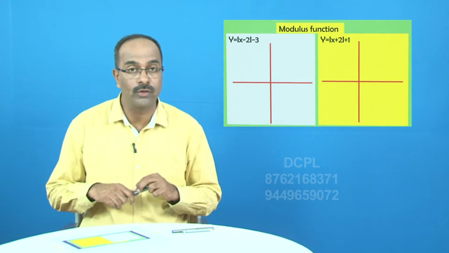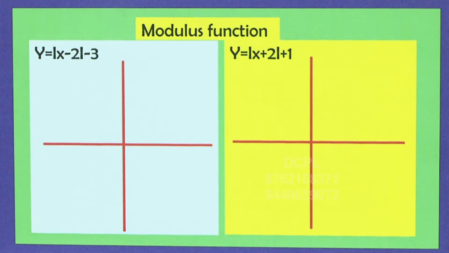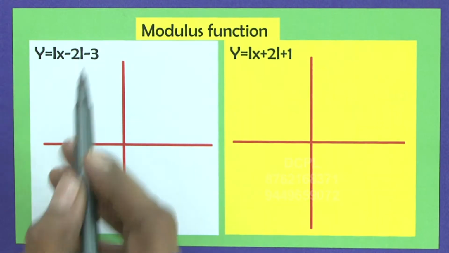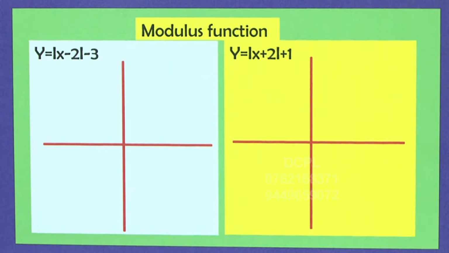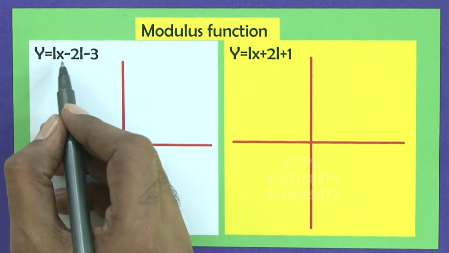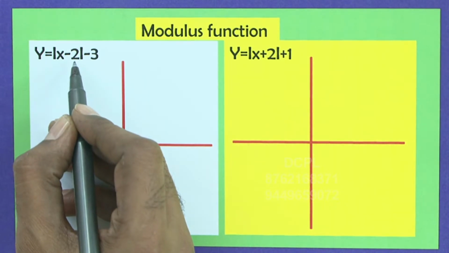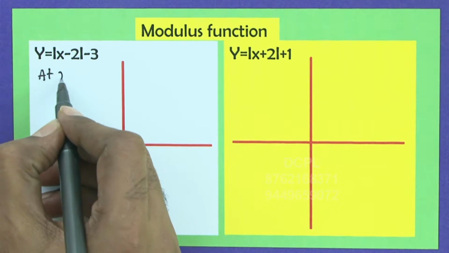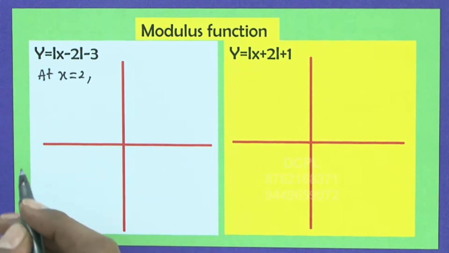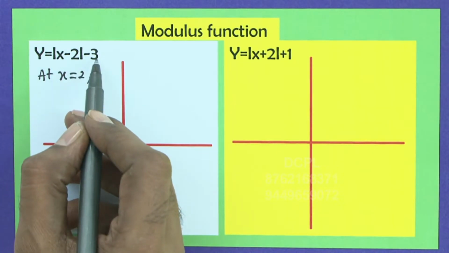Now let us go to next level of modulus function. Look at this, dear students. We have y is equal to mod of x minus 2 minus 3. Equate x minus 2 to 0. If we equate x minus 2 to 0, what we will get? X is equal to 2. Right? At x is equal to 2, y is 2 minus 2 minus 3.